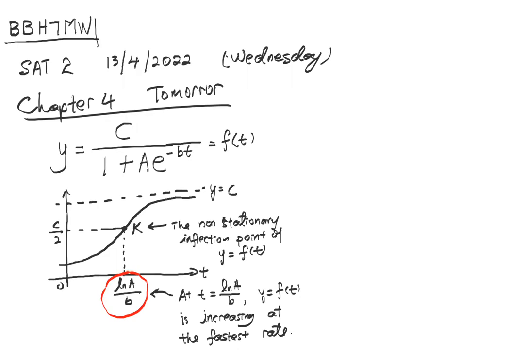Correct? But for other questions, I may not be able to do that because I don't have the formula. If I don't have the formula and yet I need to find the time or the situation where the function is increasing or decreasing at the fastest rate, I use GC to help me.